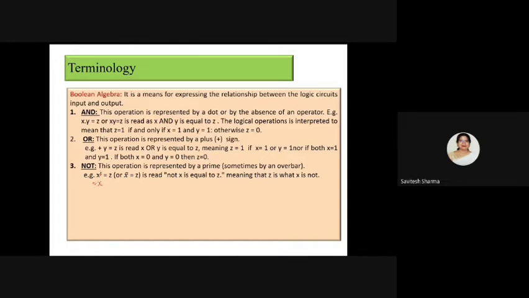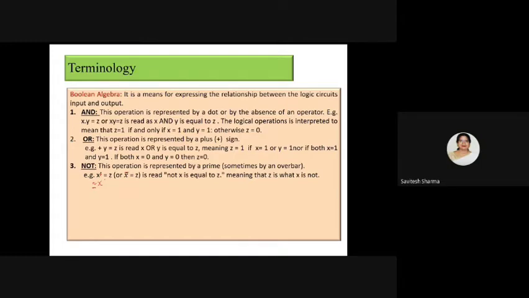So three symbols are there. Either you can use prime, or the over bar, or this negation to represent the NOT operation.